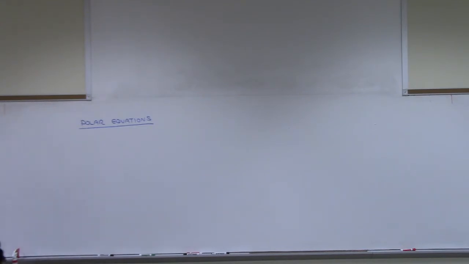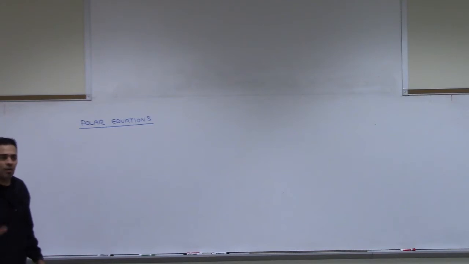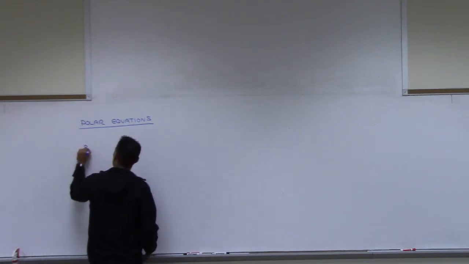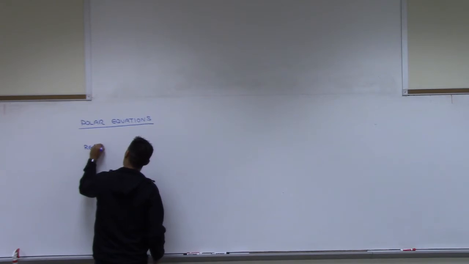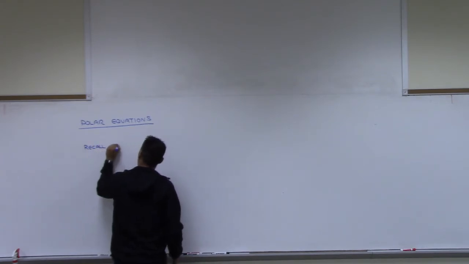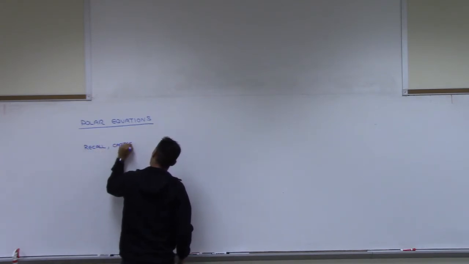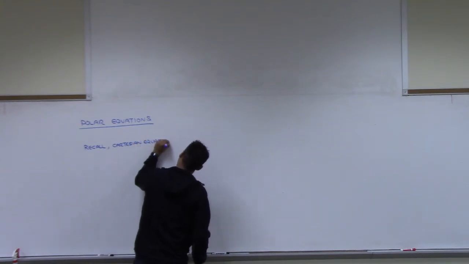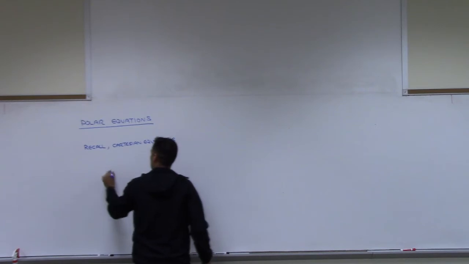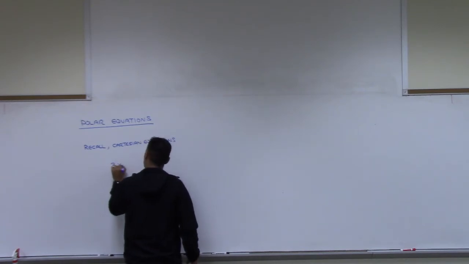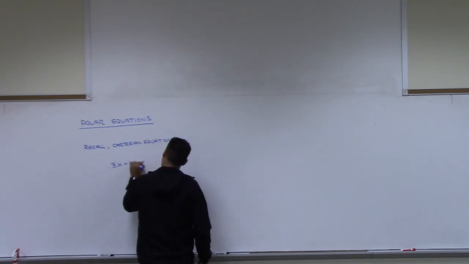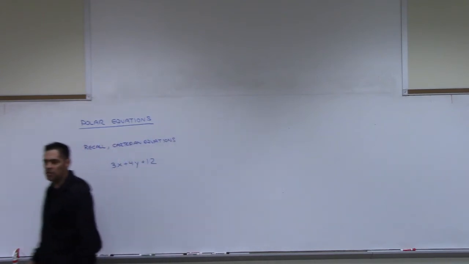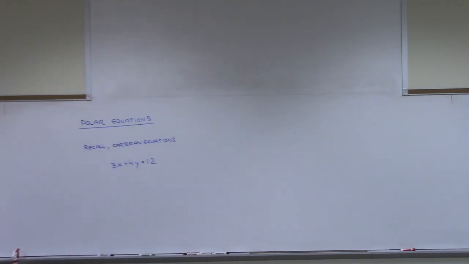And let me kind of start this off by asking you to recall some stuff. Recall Cartesian equations. Like this. That's a Cartesian equation, isn't it? That's an equation we've dealt with in the past.